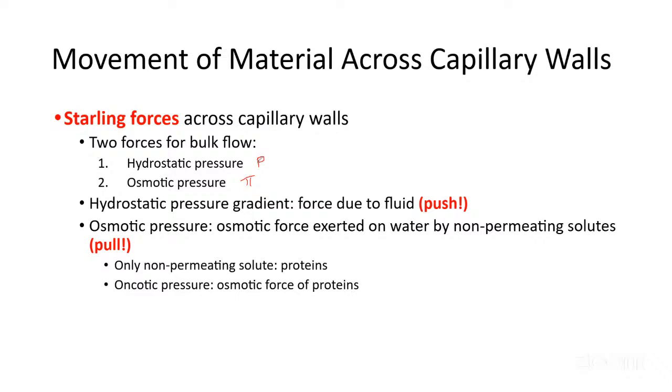Okay. So when we think about these, we're going to be thinking about each of them being in two places. We're going to be thinking about an osmotic pressure coming from inside the capillary, as well as an osmotic pressure coming from that interstitial space, coming from the fluid surrounding the capillary. And same thing for our hydrostatic pressure.